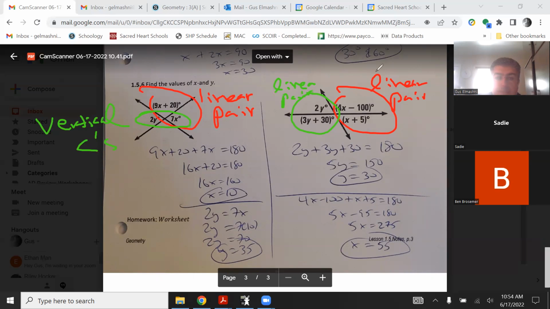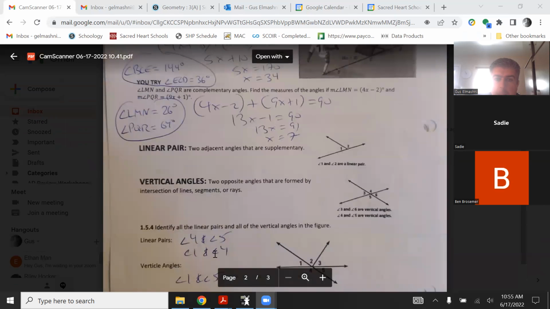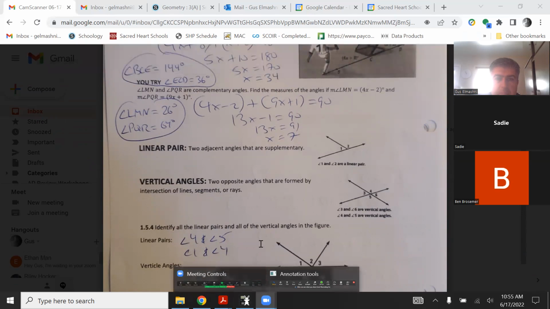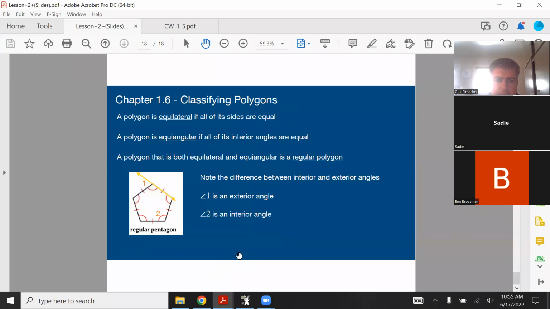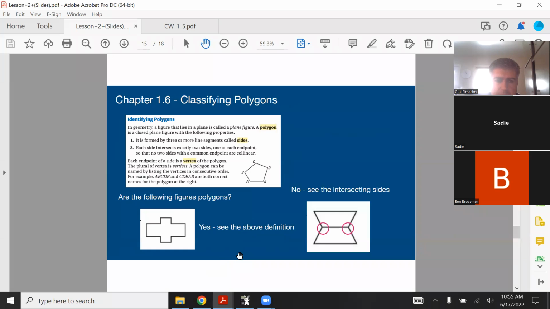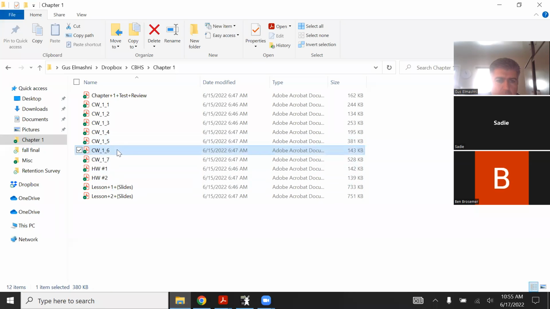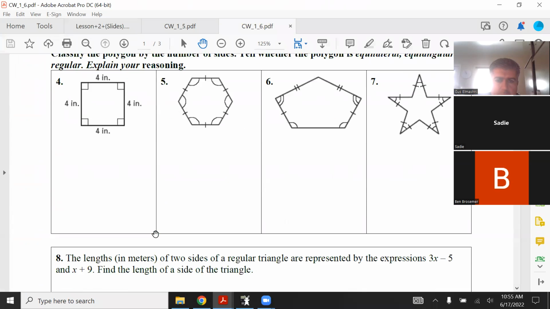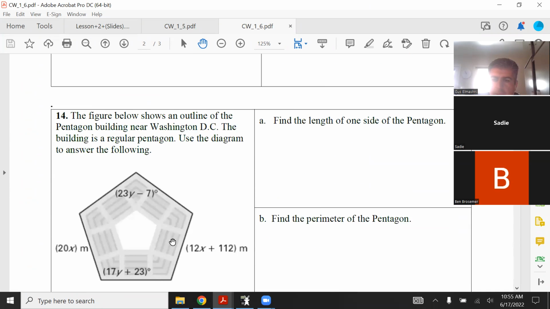Questions before we take a little break again? Nope. Okay. Let me look at the pacing here. I can finish 1.6 pretty quickly, that should take me a few minutes, and the worksheet for 1.6 is pretty short also.